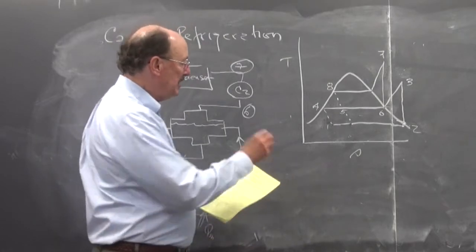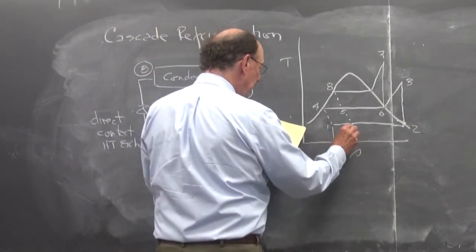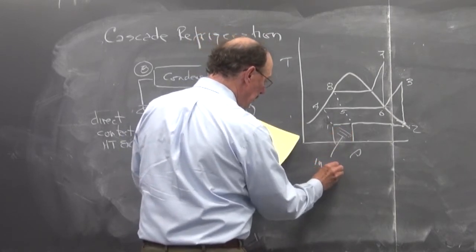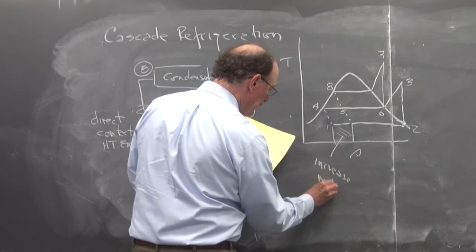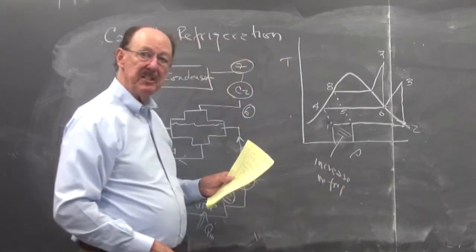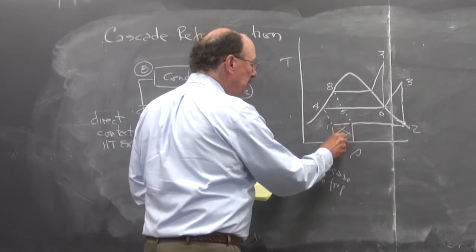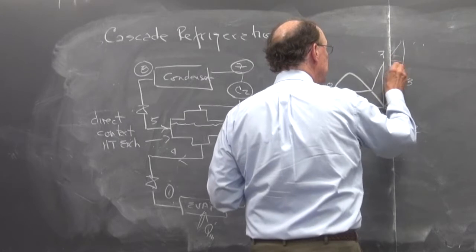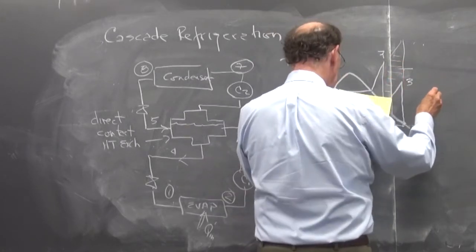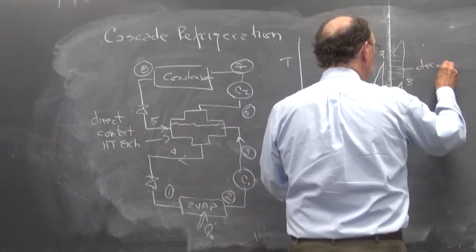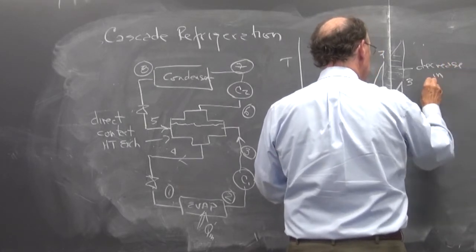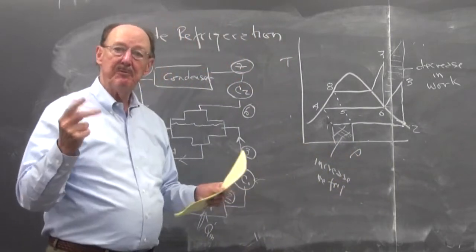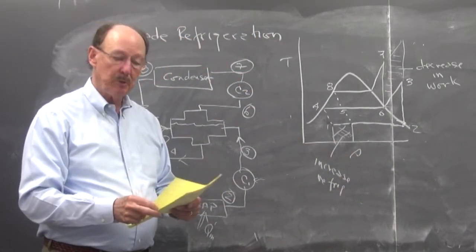So by having this cascade system, we have this is our increased refrigeration effect compared to one stage, and importantly we have this is the decrease in work. So we have two things. We're able to increase the refrigeration effect and decrease the work required.